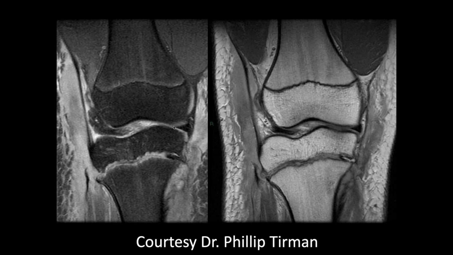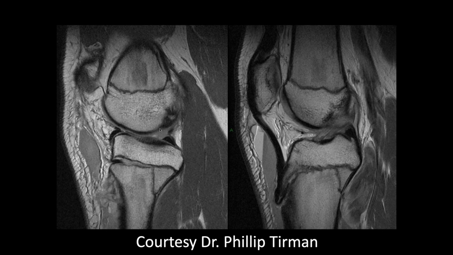It looks like a Salter-Harris 1 fracture with increased edema. I don't know if it goes in any direction there. It actually looks mildly displaced, with some anterior or superior translocation, and it's going through as well. So this would probably be a Salter-Harris 2. What do you mean, probably?